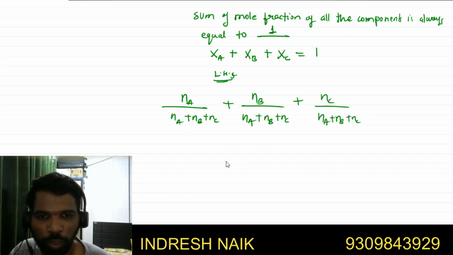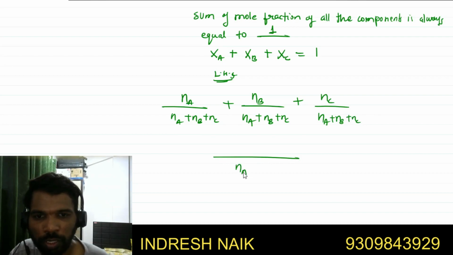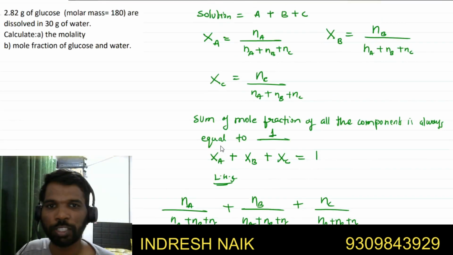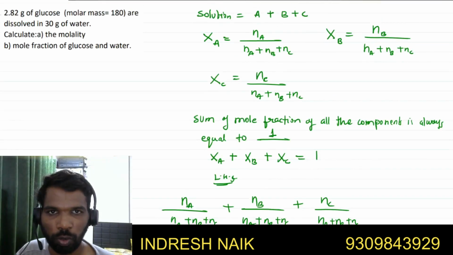So if you see, the denominator is the same. So this is Na plus Nb plus Nc, using mathematical rules, this and this will get cancelled, which is equal to 1, which is equal to RHS. So the sum of mole fraction of all the components is always equal to 1.